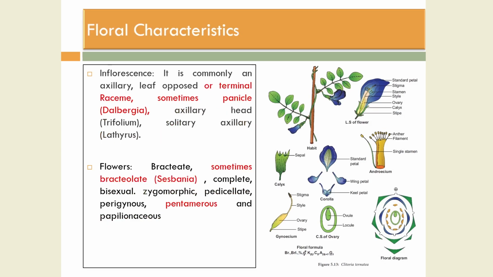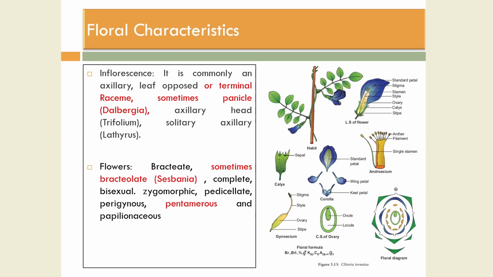Now moving towards the floral characters of this particular family, Papilionaceae. Starting from the inflorescence, it is commonly a terminal raceme, or sometimes maybe a panicle, like in the case of Dalbergia, an axillary head as in the case of Trifolium, or solitary axillary in the case of Lathyrus.